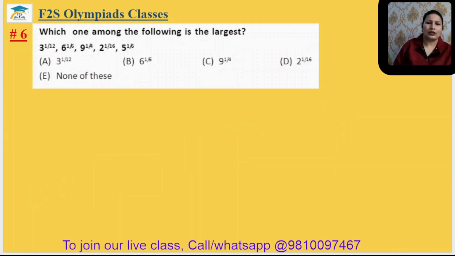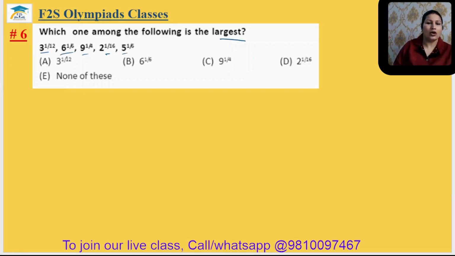Okay. Come to the question number 6. Which one among the following is largest? Since we can see these are the numbers in terms of their exponents, how can we compare these numbers? We can compare these numbers when either the bases are same or the exponents are same.